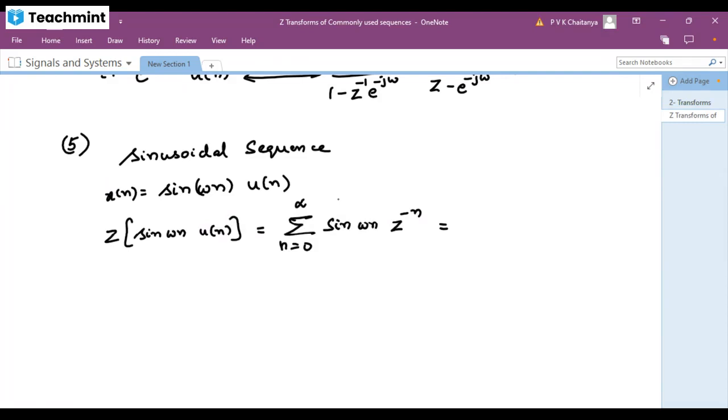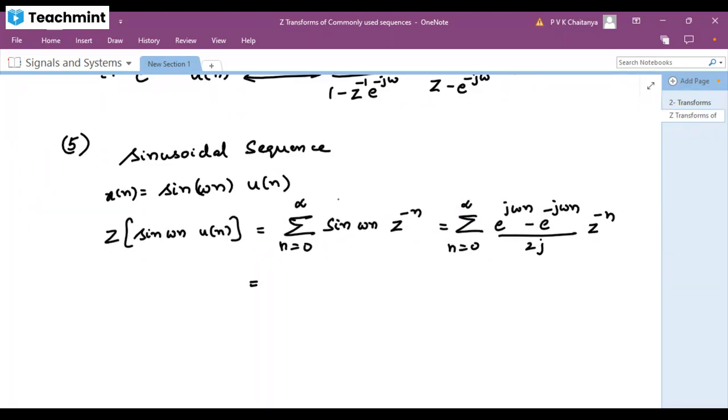So we know I can write sine theta as e power j theta minus e power minus j theta by 2j. So I'll be writing this as sigma n from 0 to infinity e power j omega n minus e power minus j omega n by 2j multiplied by z power minus n.